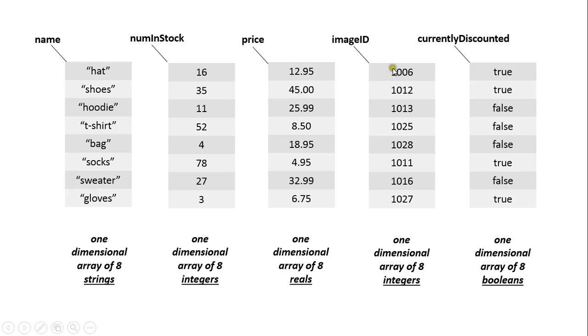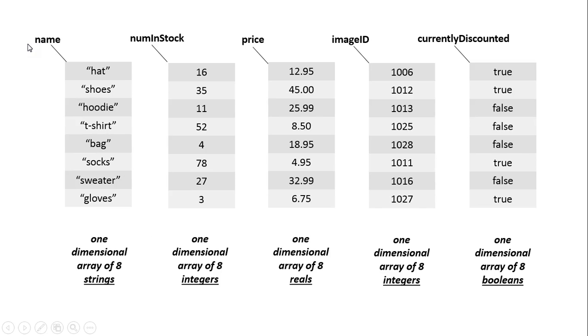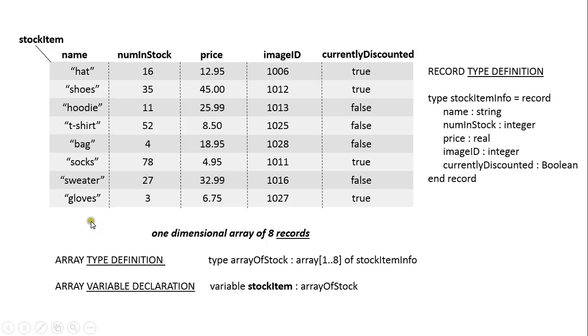So a much better way of organizing this would be to organize it in one large data structure that has one name, and that's stock item. So if we go back here, we had 5 different data structures. They each had their own name. And on this slide, I have one single data structure and it is just named stock item.